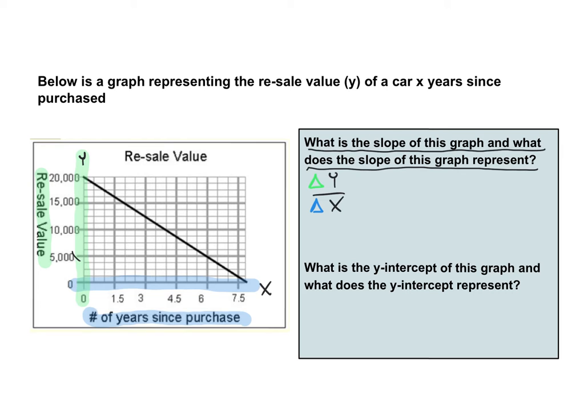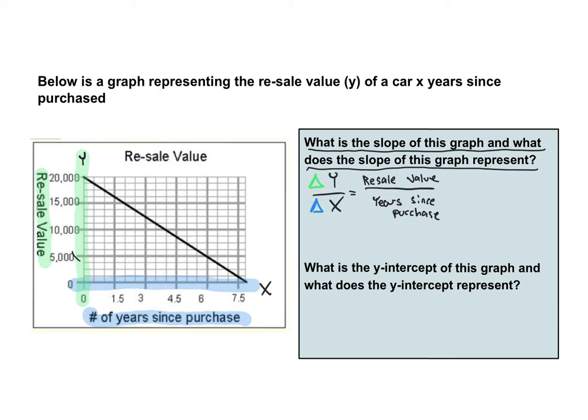And so in this case, if our y values are the resale value, that's going to mean the resale value per year since purchase. So when we find the slope, that will tell us the resale value per year since purchase.